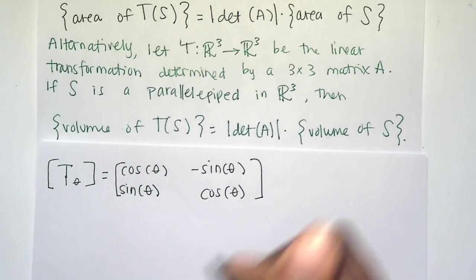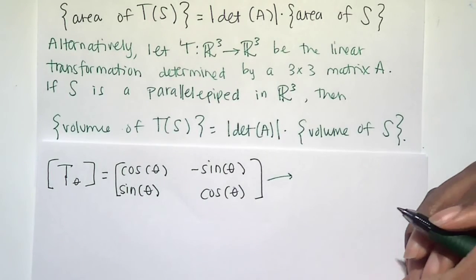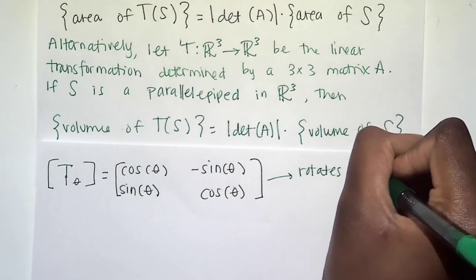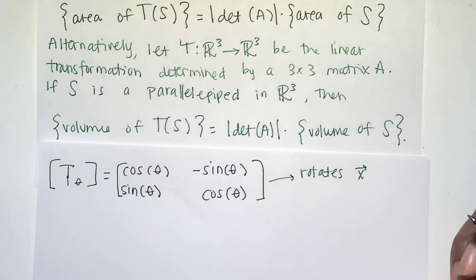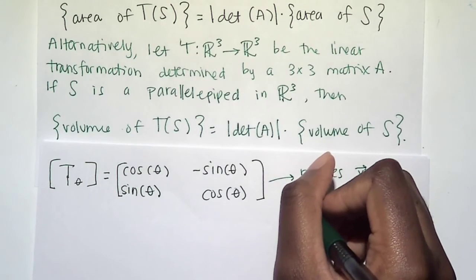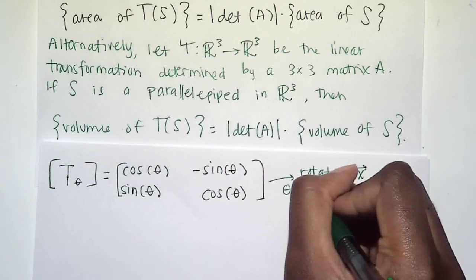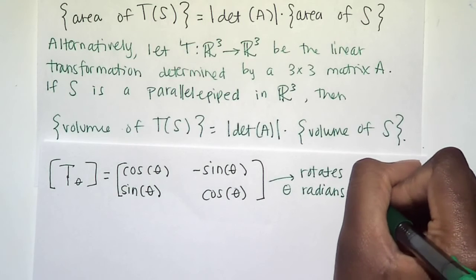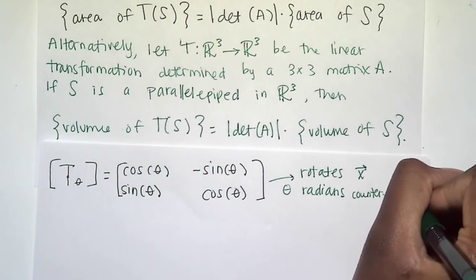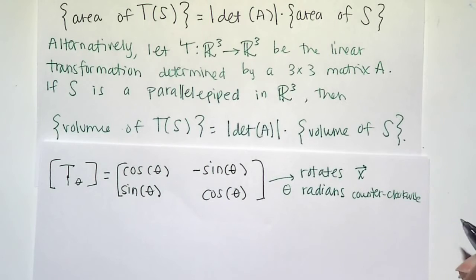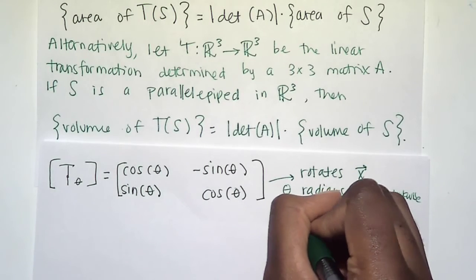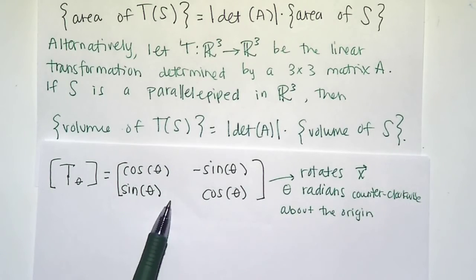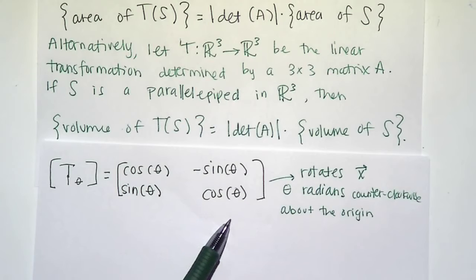All right, and so you should know from one of the sections in your book that this rotates anything, so any vector, theta radians counterclockwise about the origin. So whatever you multiply this matrix by, that thing is going to be rotated.